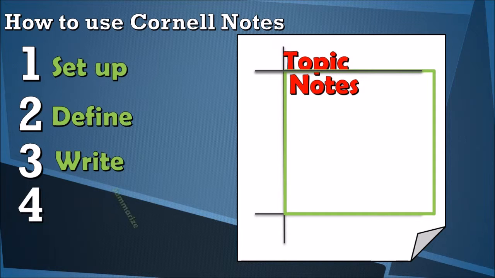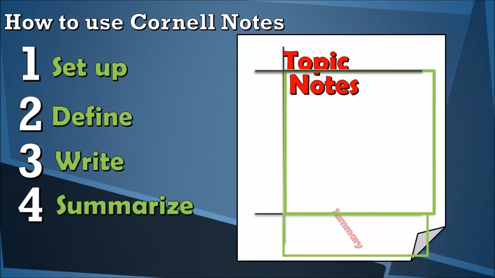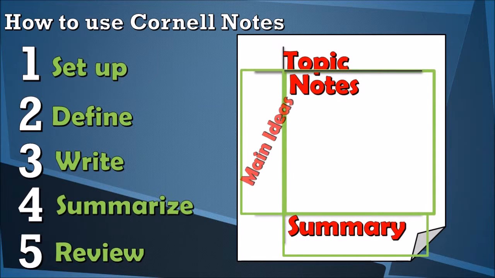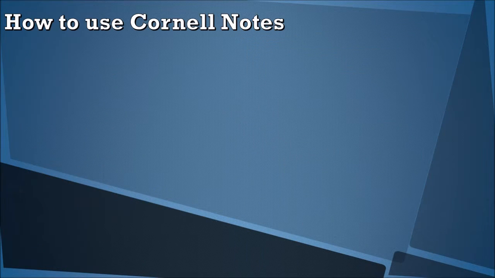Fourth, the students are asked to summarize their notes into no more than 3 sentences. Fifth, the students are asked to review their notes so they can remember what they learned by finding the main ideas.